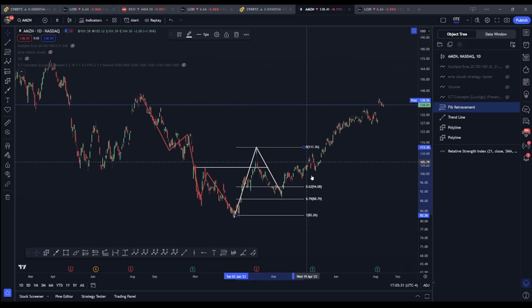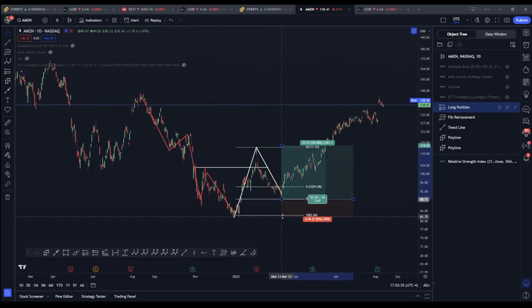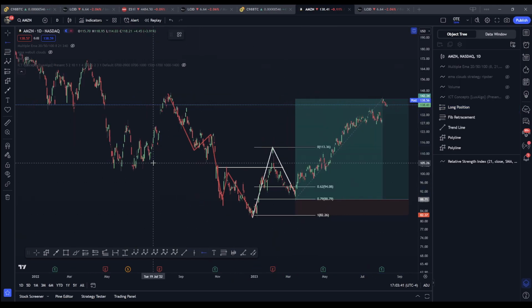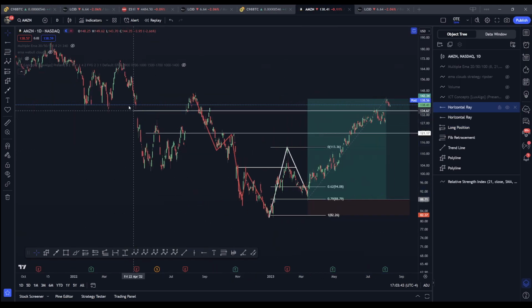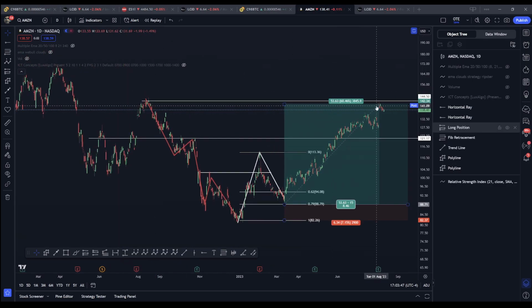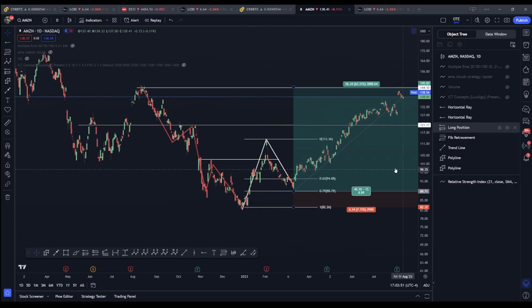Pull your OTE, long the fib zones, target the previous swing high, right? So it's previous swing highs, one right here, and one right there. It might not hit it all the time. It barely hit 63%. So hopefully that's easy enough.